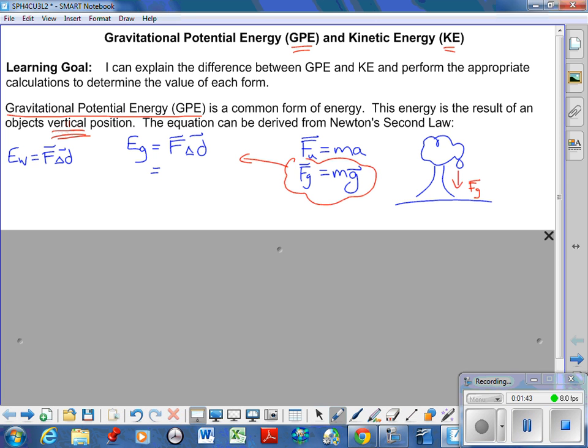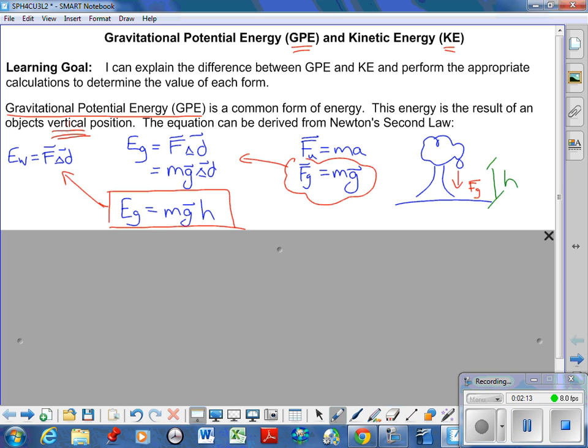So now my equation is mg, so it replaces the F, delta d, and instead of displacement, we're just going to say, well, how high is the object? So we're just going to change it to the letter h. So gravitational potential energy, Eg, is mgh. And there is our new formula. And it's just a form of our original formula, the work one we did yesterday.